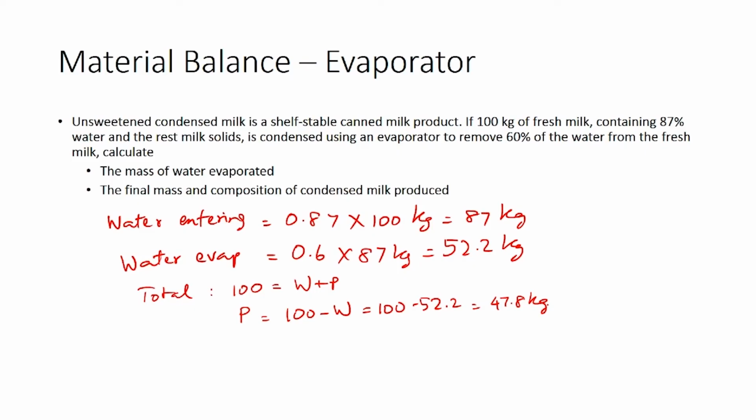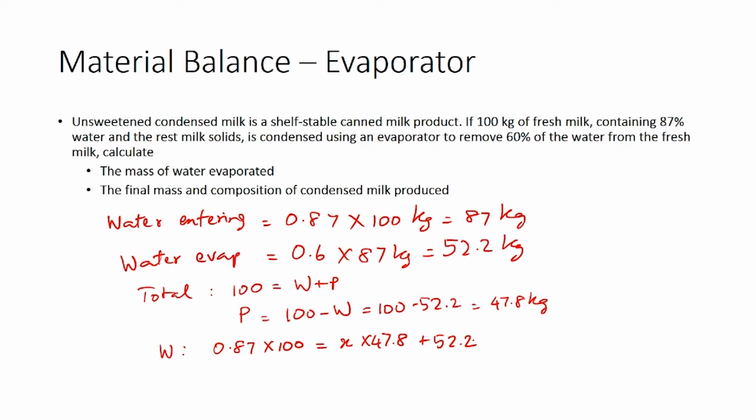We still need to calculate the composition of the milk. So writing a component balance for water, we would get 0.87 times 100, which is entering through the fresh milk, is equal to X times 47.8, where X is the concentration of water in the condensed milk, plus 52.2, which is the mass of water which has been evaporated from the system.